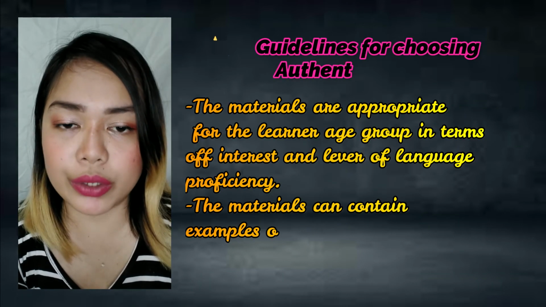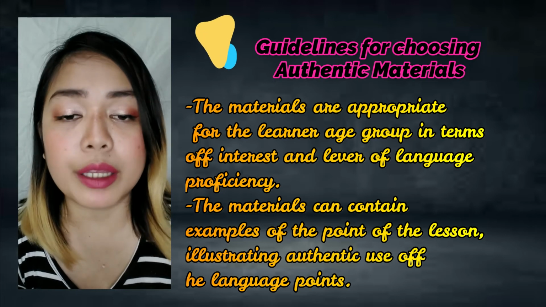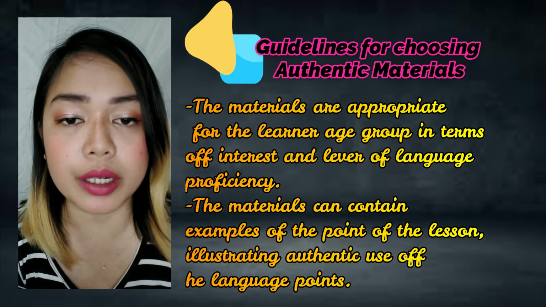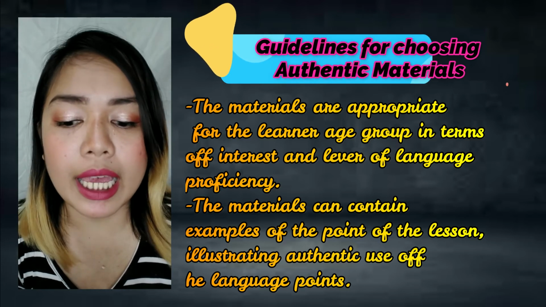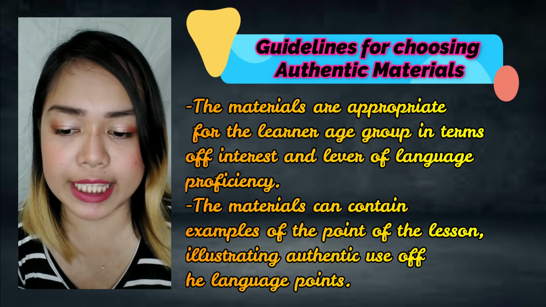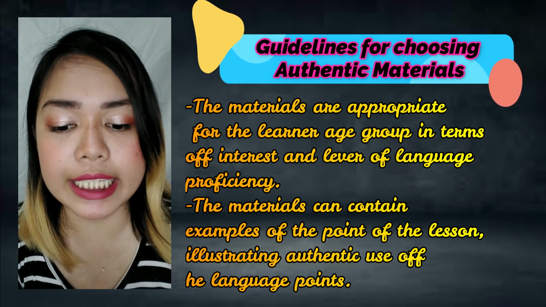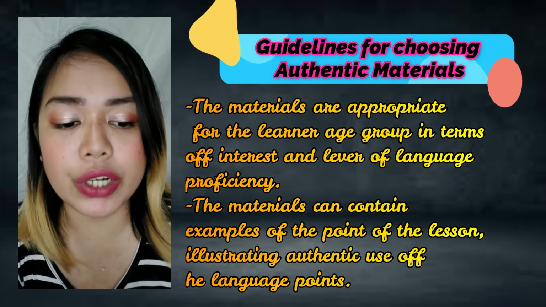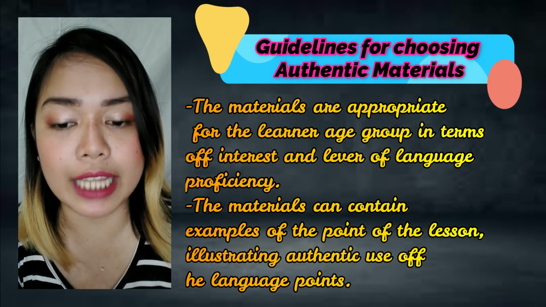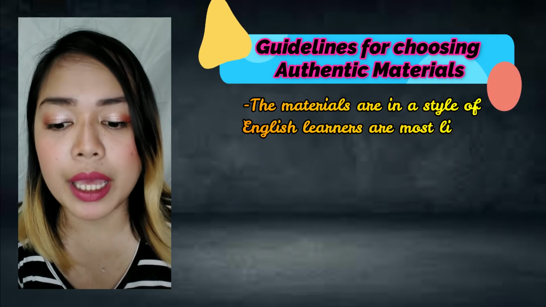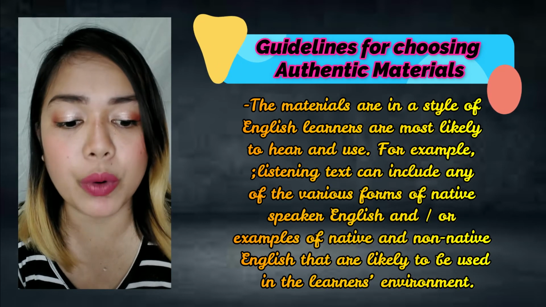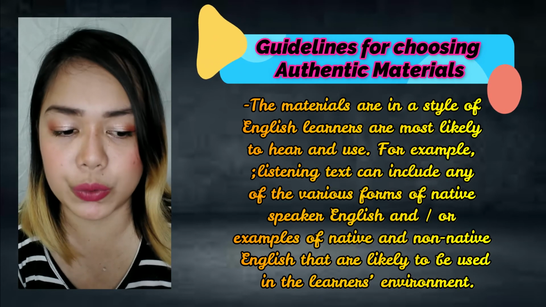Guidelines for choosing authentic materials. The materials are appropriate for the learner age group in terms of interest and level of language proficiency. The materials can contain examples of the point of the lesson, illustrating authentic use of the language points. The materials are in a style of English learners are most likely to hear and use.